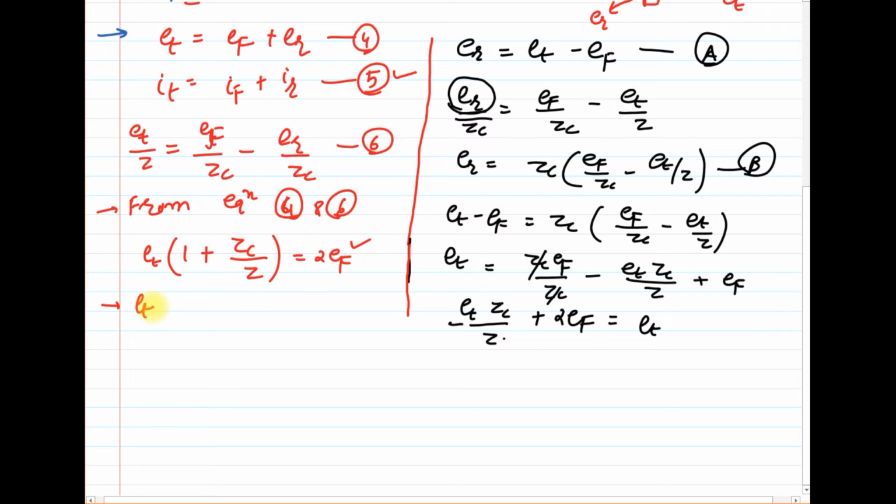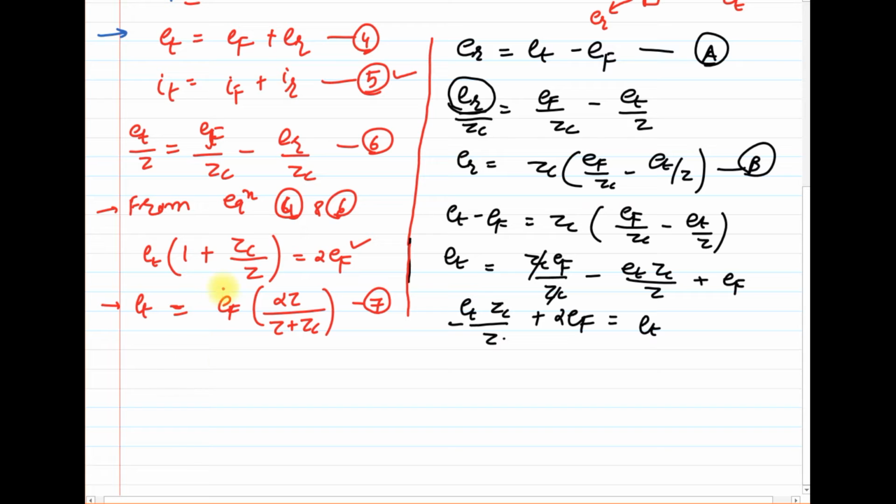We will get ET is equal to EF into 2Z divided by Z plus ZC. Clear? This is your equation number 7, which shows the value of the transmitted voltage wave.